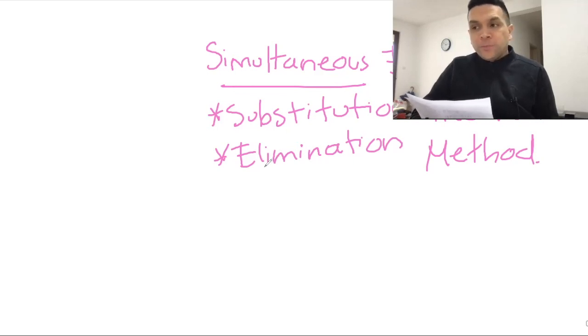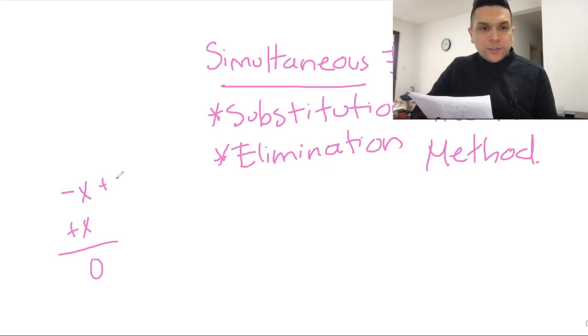The way to eliminate a variable is, if you have something like this, right? For example, this would be 0, so x will be eliminated, right? Let's say this is my equation, 2y plus y, and I have, I don't know, 2 and this 3. So if I add up these two equations, this will become 0.